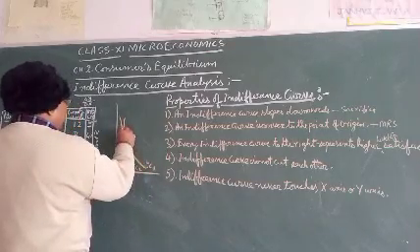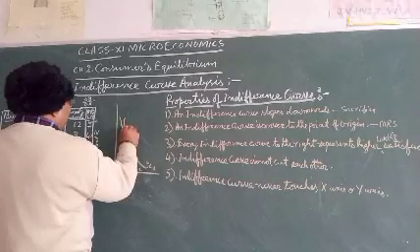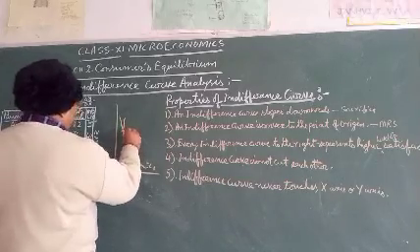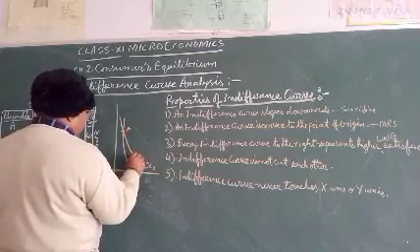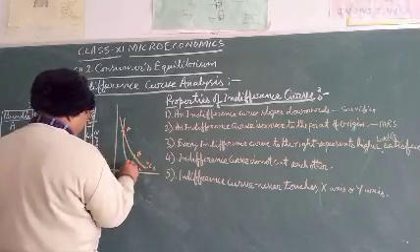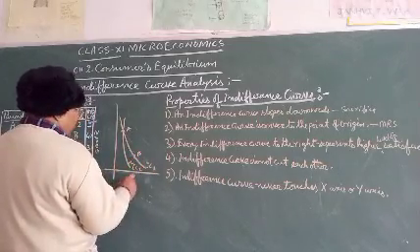What happens? The consumer is getting the same satisfaction where these two curves intersect each other, that is point A, and this is point B on the other curve. This is point C on this IC2 curve.